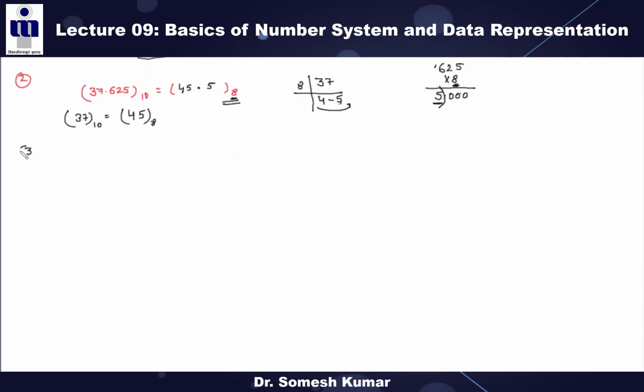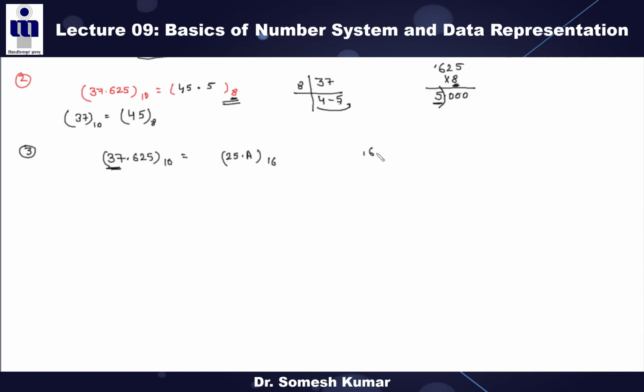So in the next example you can convert to the base 16. Similarly, you have to divide 37 with the 16, right? And directly I am writing here the answer. It will come 25.A, right?